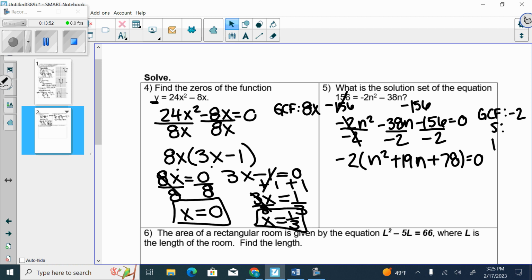Alright. So now that we have taken out the GCF, what's our S? Good. And what's P? 78. Alright, so now we're looking for something that multiplies to give us 78, but also adds to give us 19.